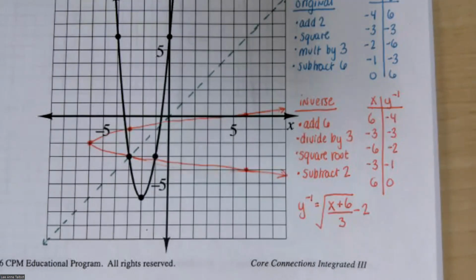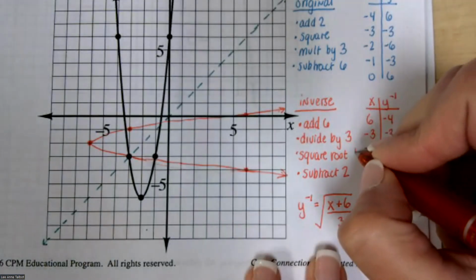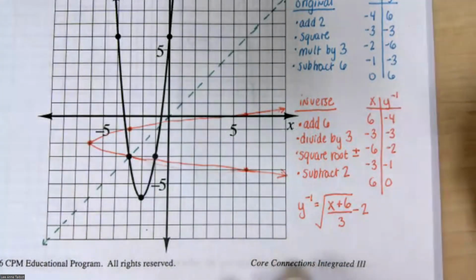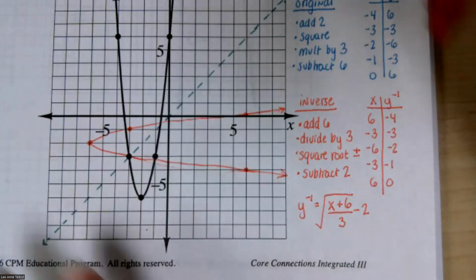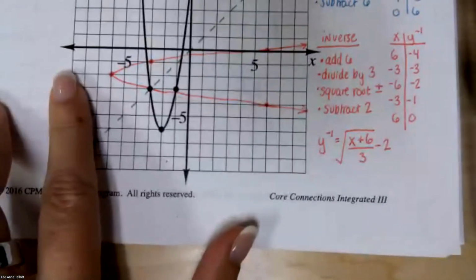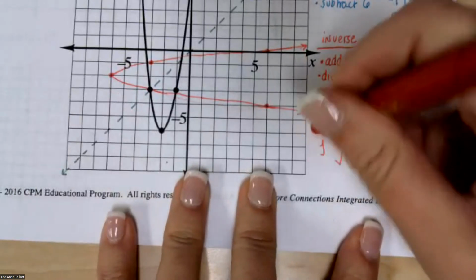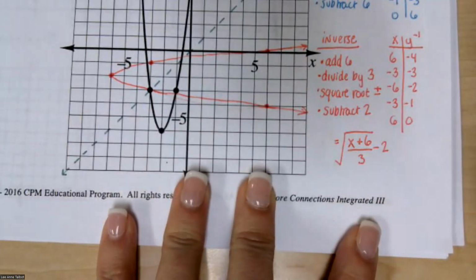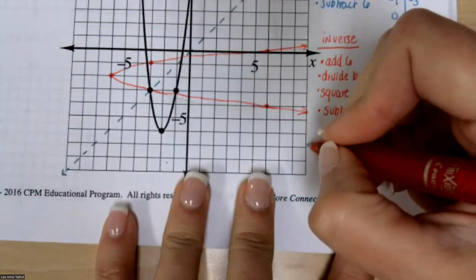Half a sleeping parabola. Correct. Okay, so just like when you square root both sides of an equation, when you inverse square root, what do you need? Plus or minus. The inverse of this really is 2 functions stuck together, unless you want to write it in sleeping parabola format.